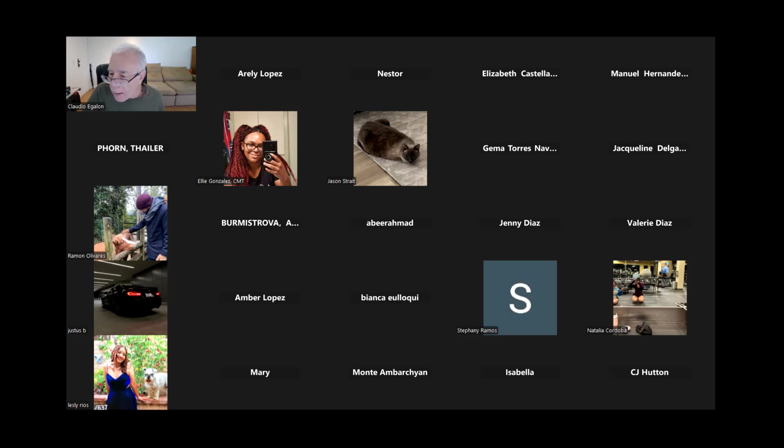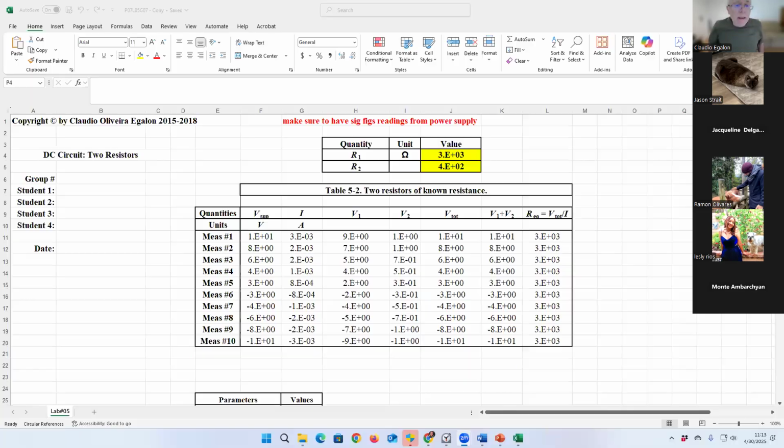I will blur my background, and I'm also going to share my screen. Here you go. Okay, so whatever is highlighted in yellow is going to be our measurements.